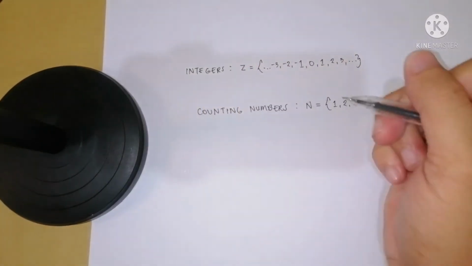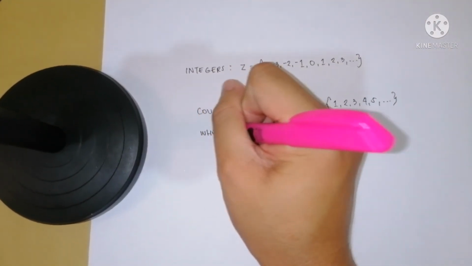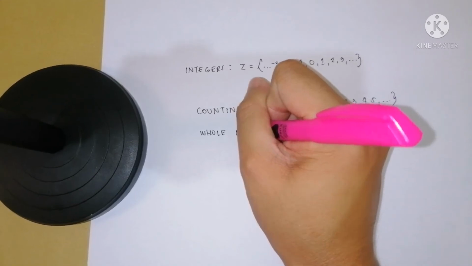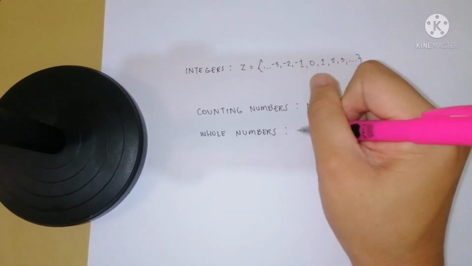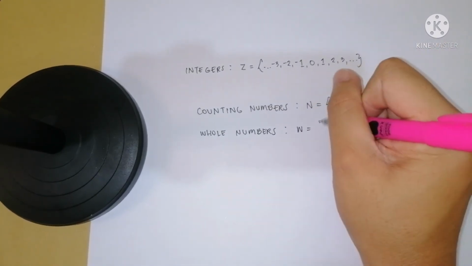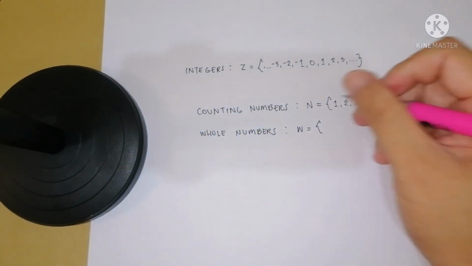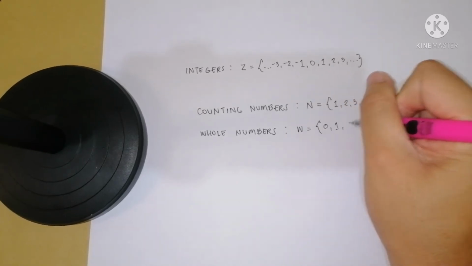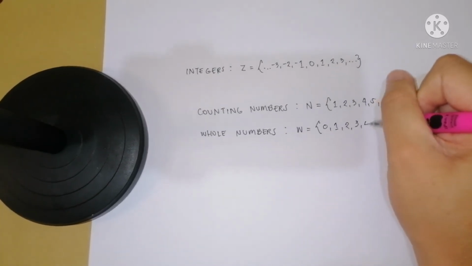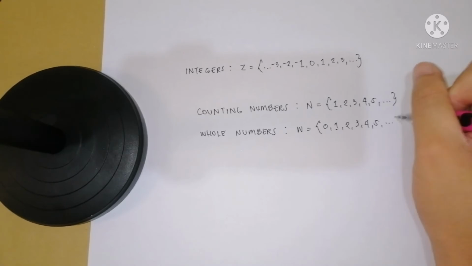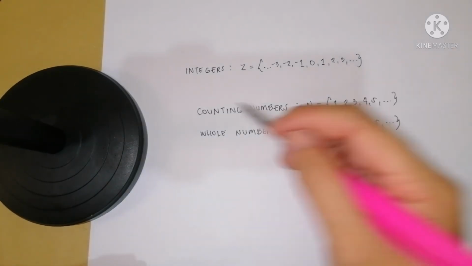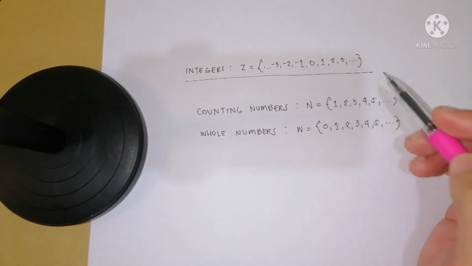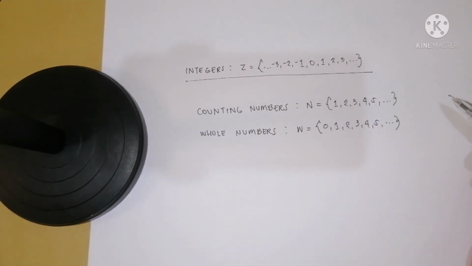And then the second number, if we are to include a 0, that is now called the set of whole numbers, and is denoted by the capital W. So the elements of whole numbers begin from 0, 1, 2, 3, 4, 5, and so on. And of course, the latest one, which is the integers, the set of positive and negative numbers, including 0.